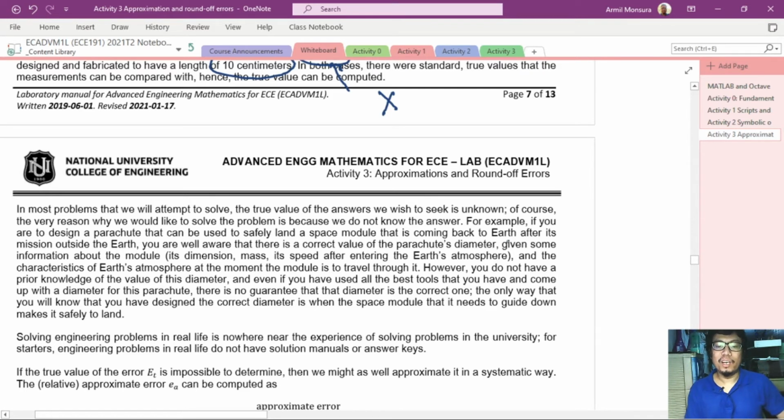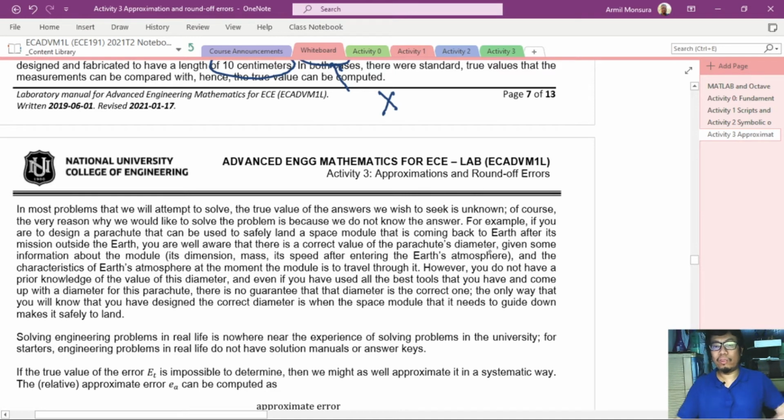Okay. Alam mo yung mga factors. You really know the factors that you need to consider in computing, for example, the diameter of that parachute. For example, the purpose why we would design or use a parachute for a space module when it lands on Earth is to slow it down. Okay, as it descends down to Earth, we want to slow it down.